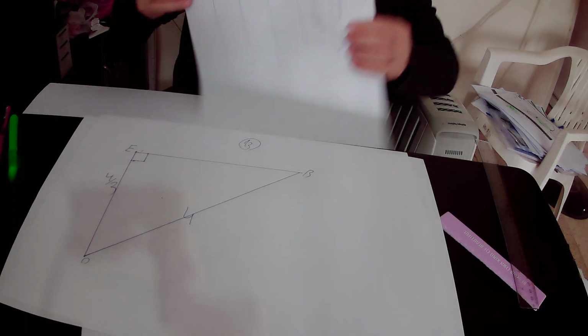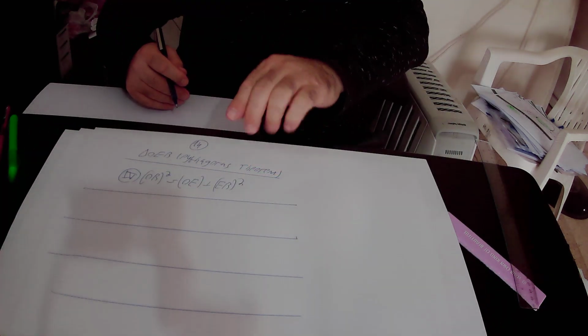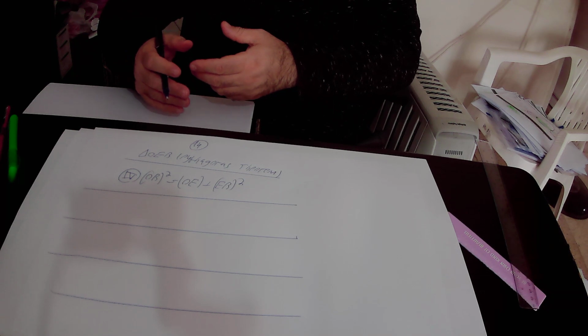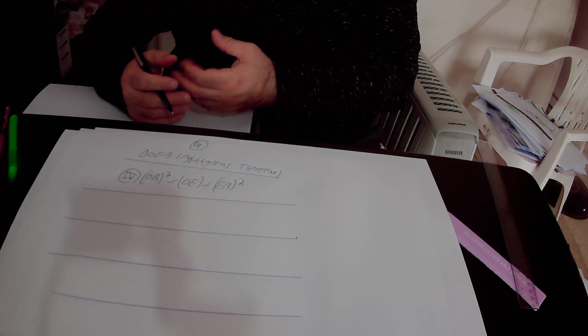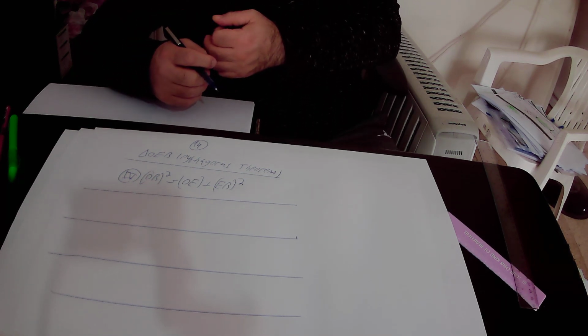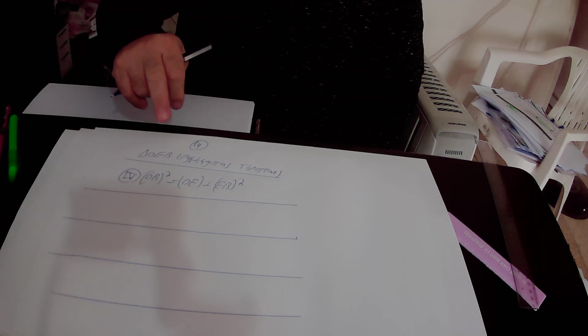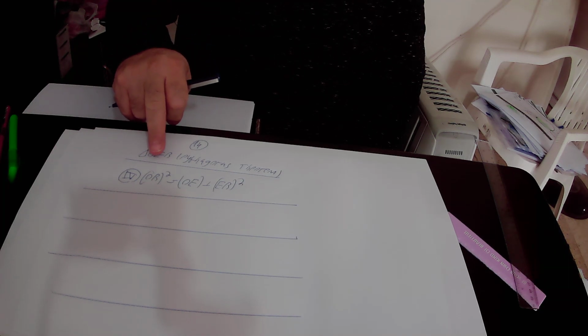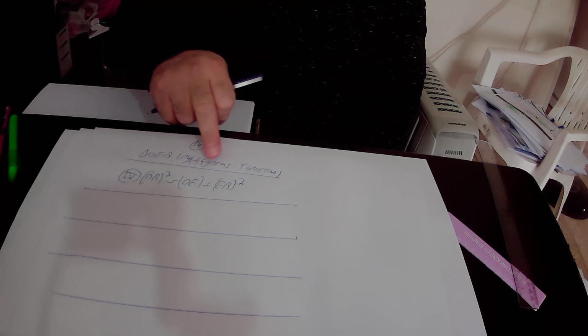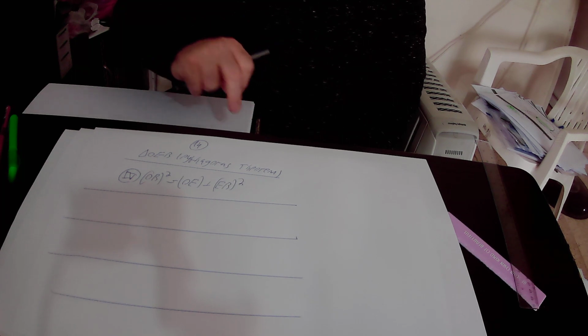I will repeat again. In the right triangle OEB, according to the Pythagoras theorem, which states that the square of the hypotenuse equals the sum of the squares of the perpendiculars, OB squared equals OE squared plus EB squared.